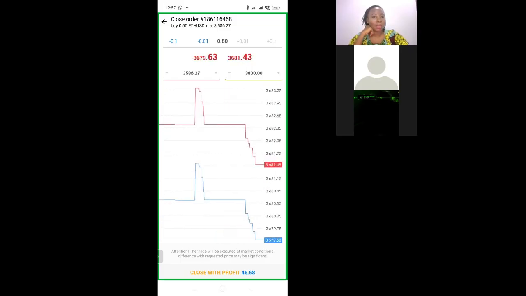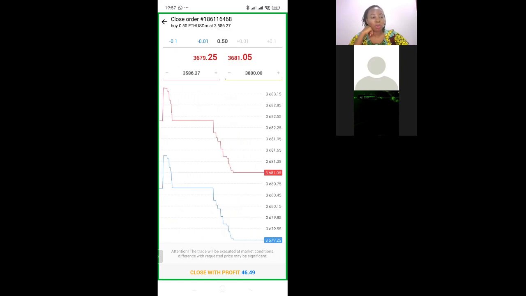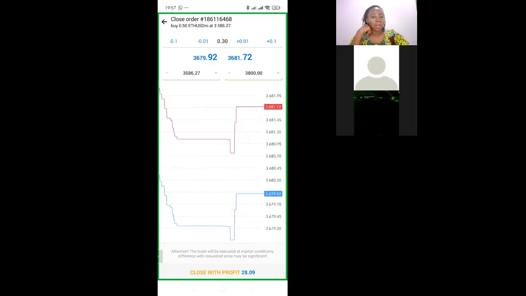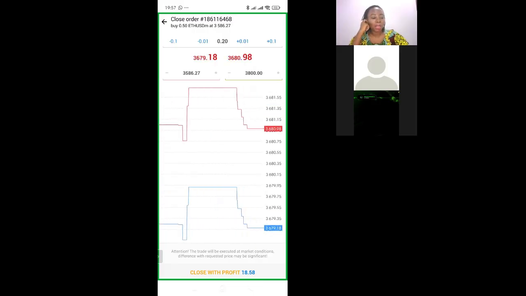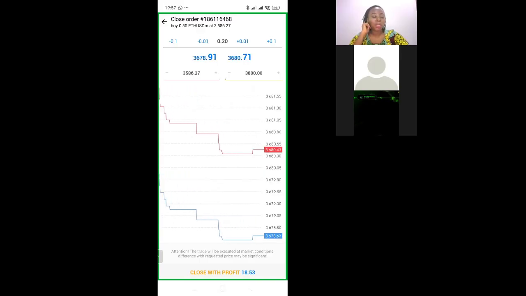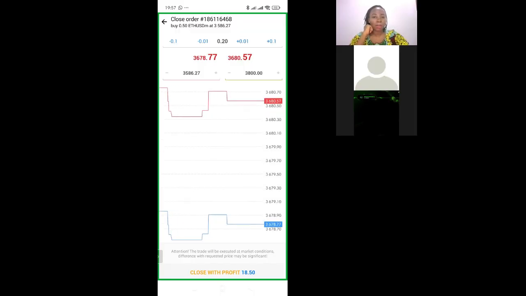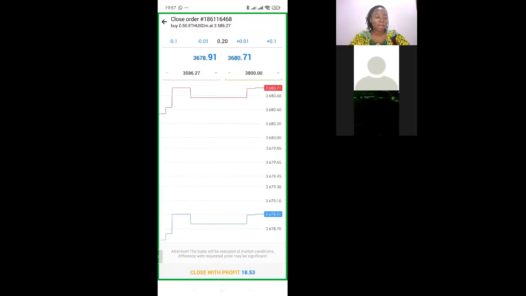So there is a minus 0.1. I click it, I click it again. Now the profit I'm seeing here at the bottom is profit correlating to a 0.2 lot size. So I can now decide and click close with profits.